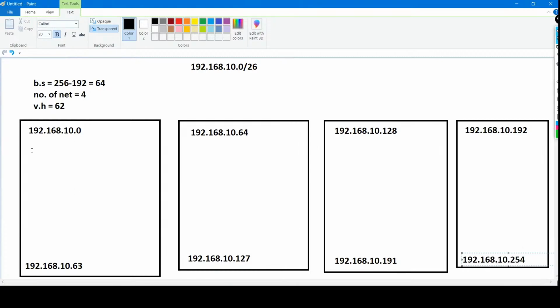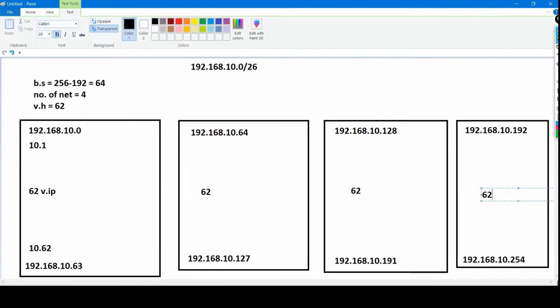First valid IP address will be 192.168.10.1 and last valid IP address will be 10.62. So there are 62 valid IPs. In the same way, in each of the other networks there will also be 62 valid IP addresses.